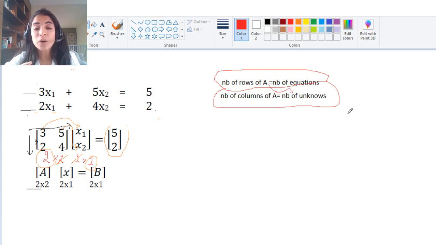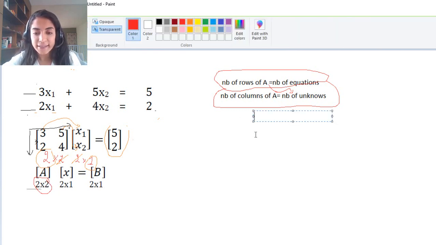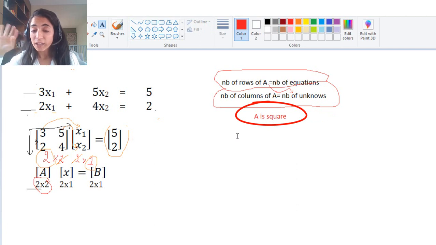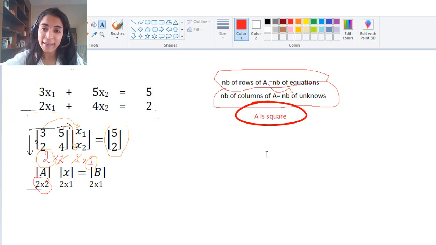So if I wanna represent the system of simultaneous equations using a matrix equation, A will be a square matrix. And this is why A here is 2 by 2, two equations, two unknowns. So basically, this will give me that A is square.